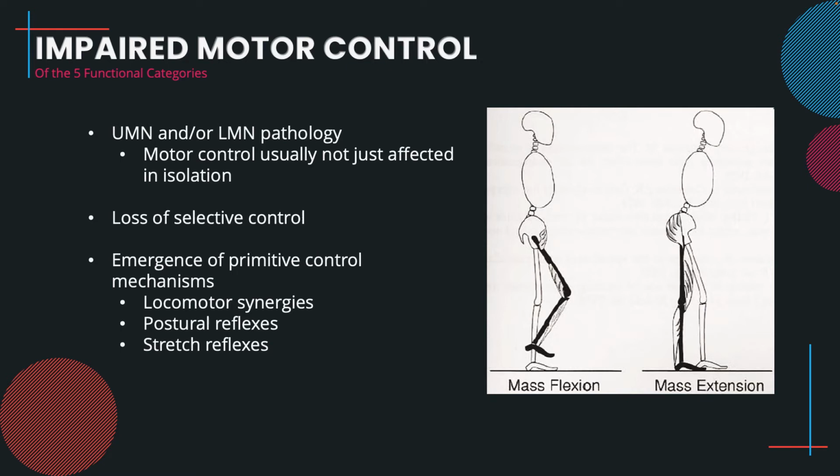For extensor pattern synergies, they can result in big-time swing limb clearance issues. And for flexion synergies, it can result in big-time stance stability deficits. You might see with postural reflexes that certain postures that you place limbs or the person into increase the amount of tone that they might experience in their lower limbs.